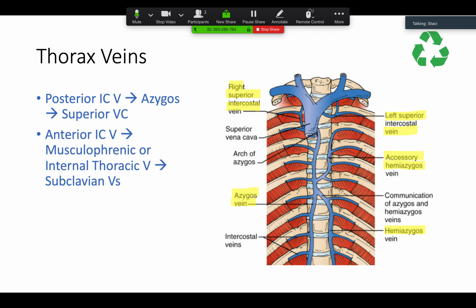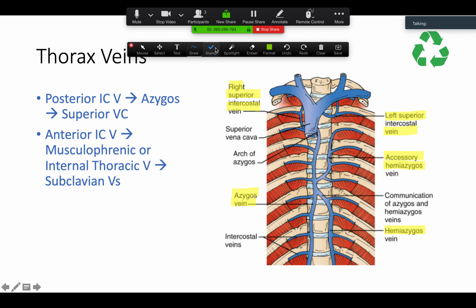Okay, this is a recycled slide, and that's why I put the little recycle symbol. We talked about the azygos system last week, in part 1 of 4. You can see in the picture that we've got the azygos that comes down on our right side.